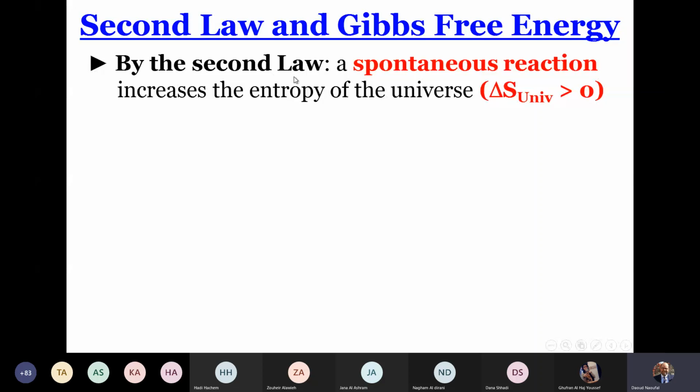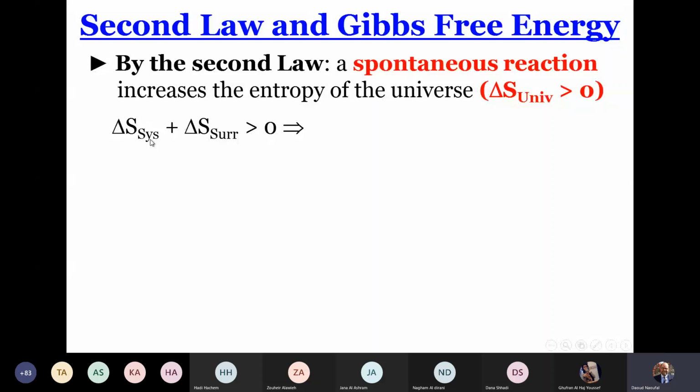By the second law of thermodynamics, a spontaneous reaction means delta S of the universe is positive. And delta S of the universe is equal to delta S system plus delta S surrounding. Delta S of the universe positive for a spontaneous transformation means delta S system plus delta S surrounding is positive.